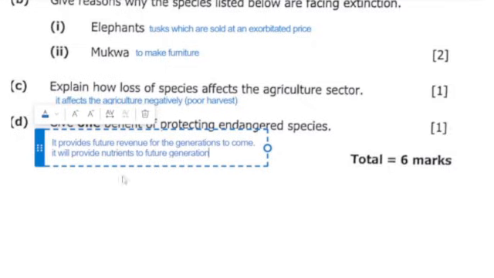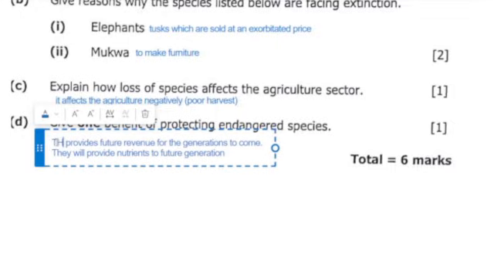If animals provide protein to us, that means they will do the same in future.